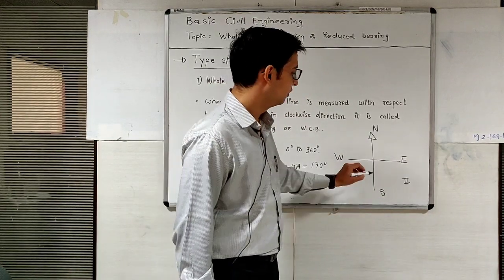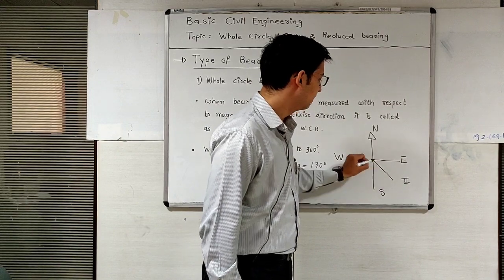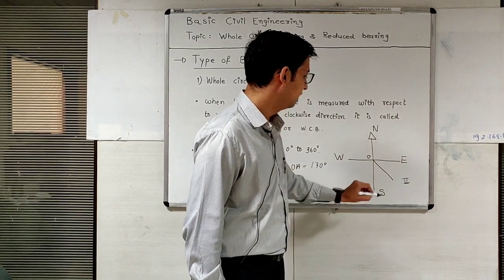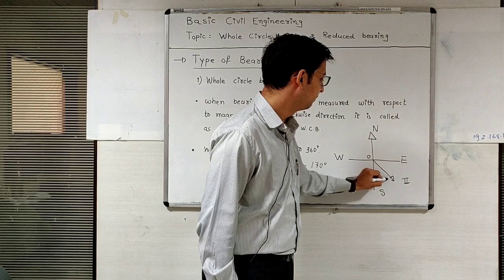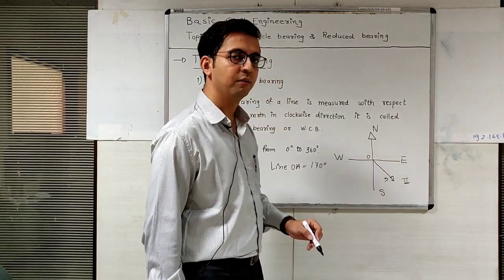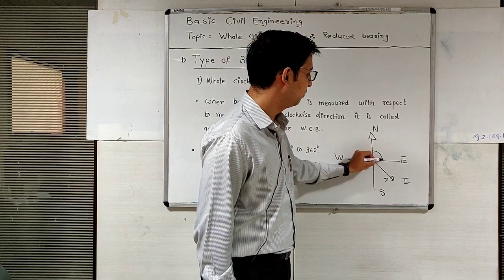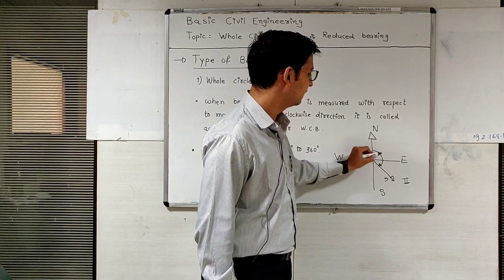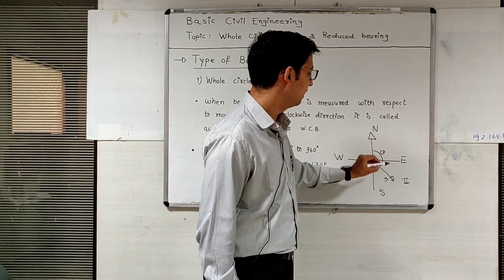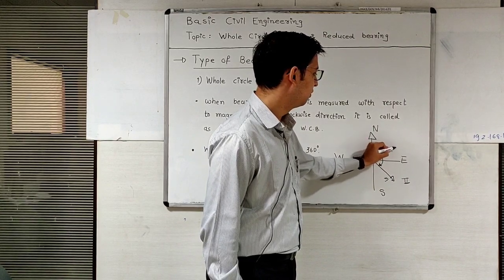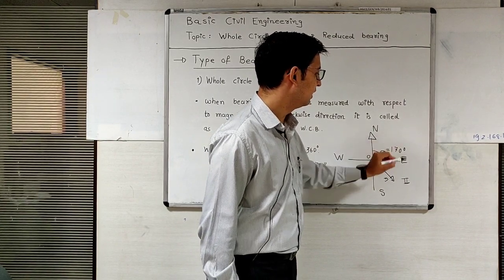Here this is the O point, which is the origin. For the OA line, whole circle bearing means the angle made with magnetic north pole in clockwise direction. This will be theta, which is equal to 170 degree.